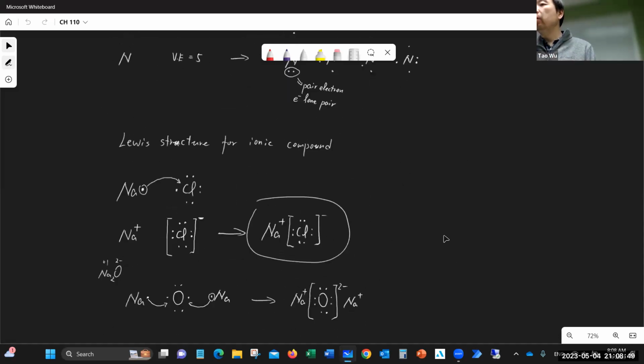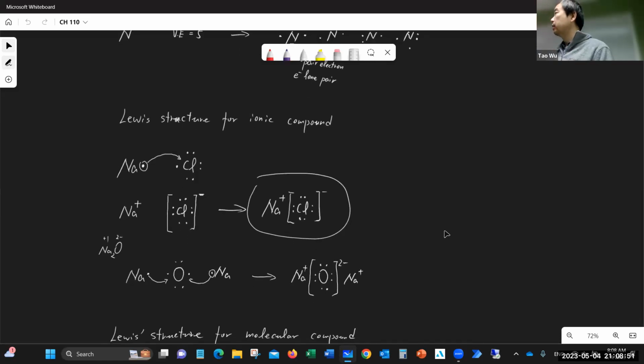We also talked about the Lewis structure for ionic compounds. The reason it's called ionic is because they have a charge, a positive charge and a negative charge. For example, sodium chloride. Sodium only has one valence electron, and it prefers to lose that one electron to become a noble gas form, so it completely loses the one electron.